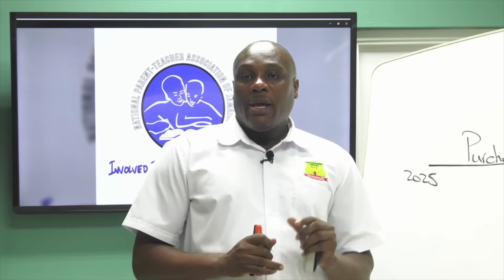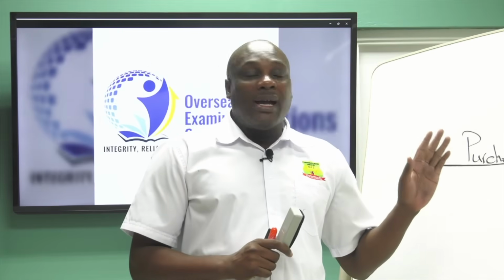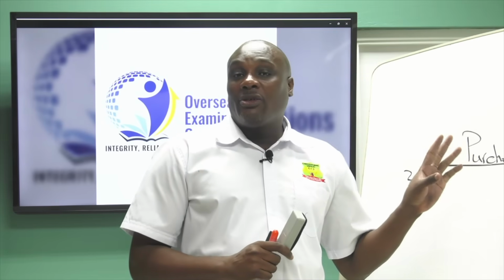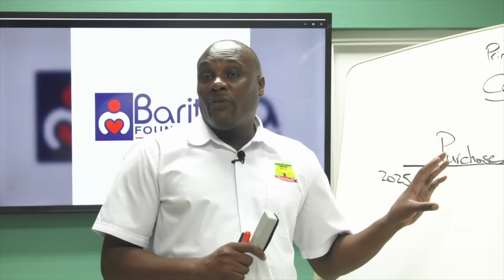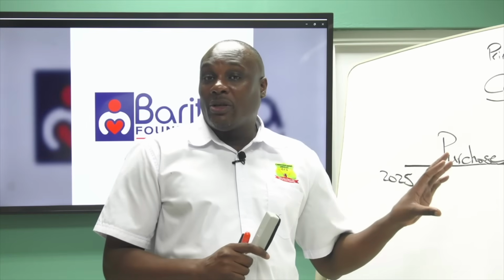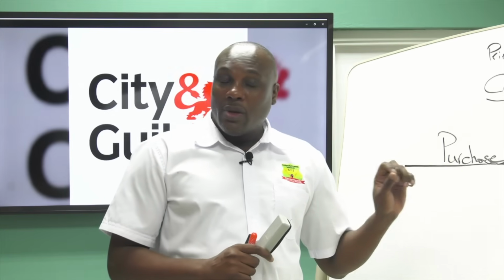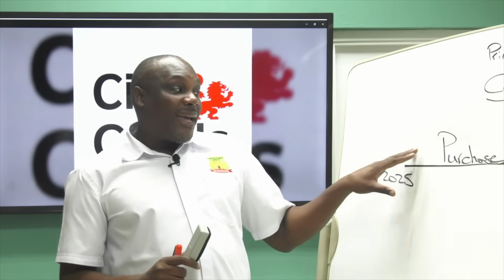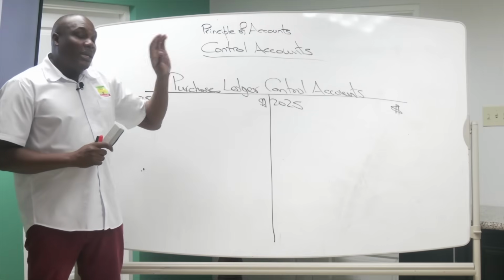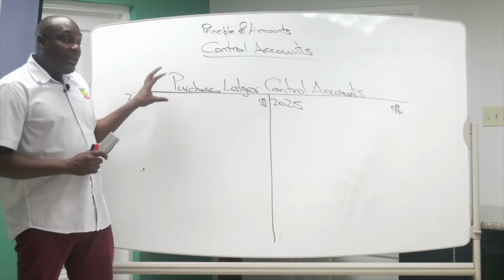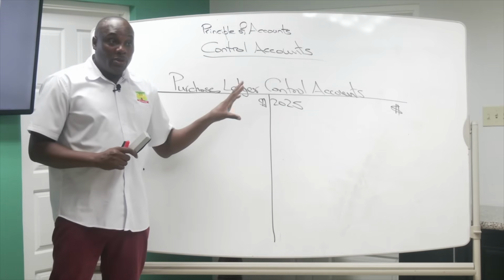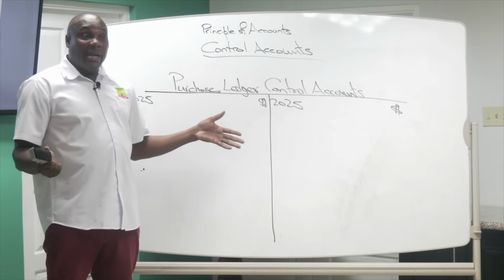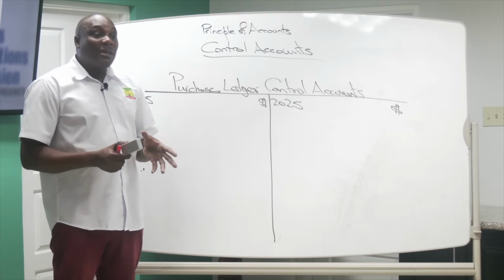Now, just as I did with the sales ledger control account, listen carefully with regards to the purchases ledger control account. The other name that you'll see the examiner use is total creditor.